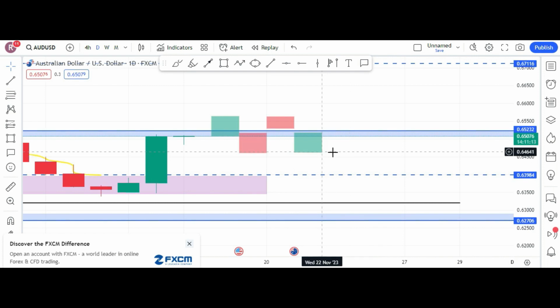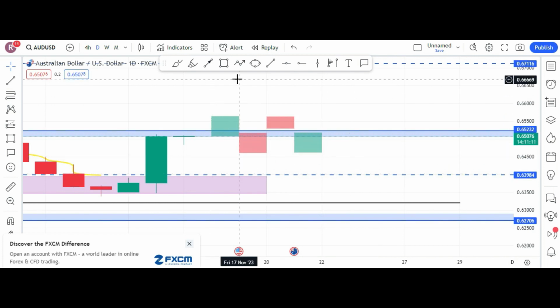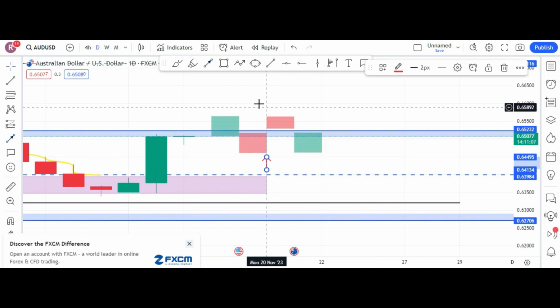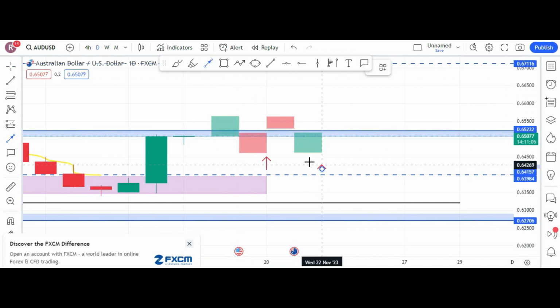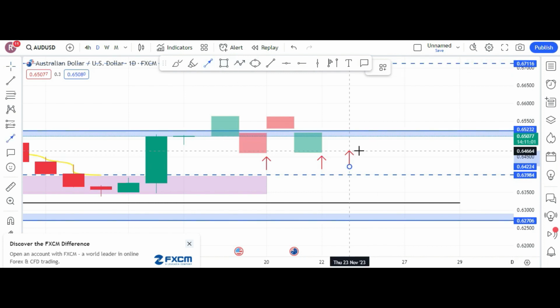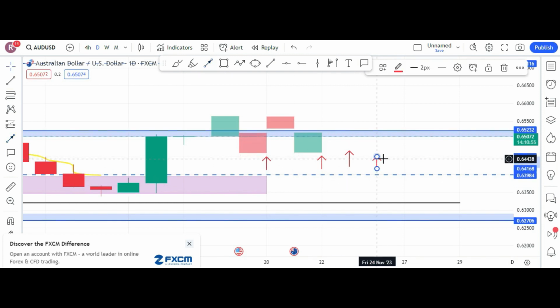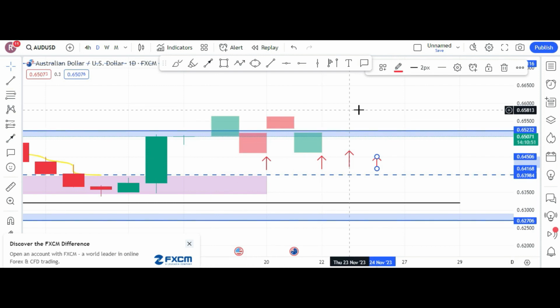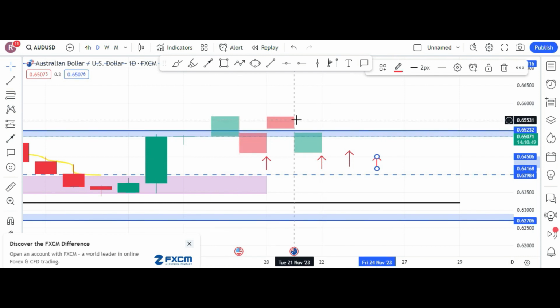Now of course there is a chance that a green candle, red candle will come here, then a green candle will come here, then again a red candle, and again a green candle. Yes, there is a chance that it will start ranging on this side or also on this side. But we have to wait and see.